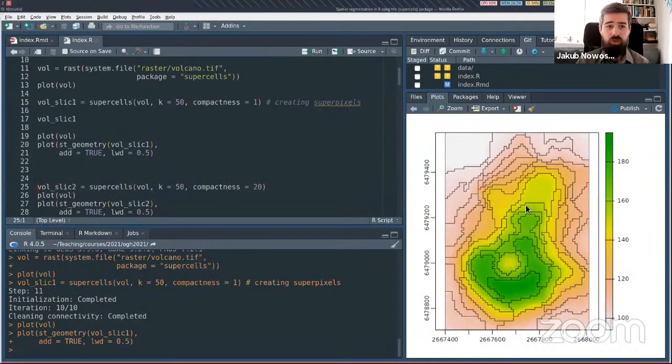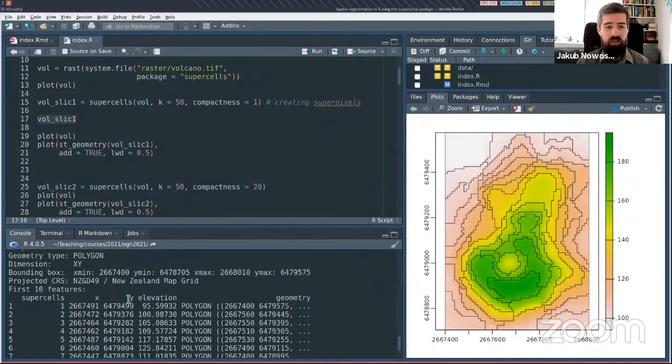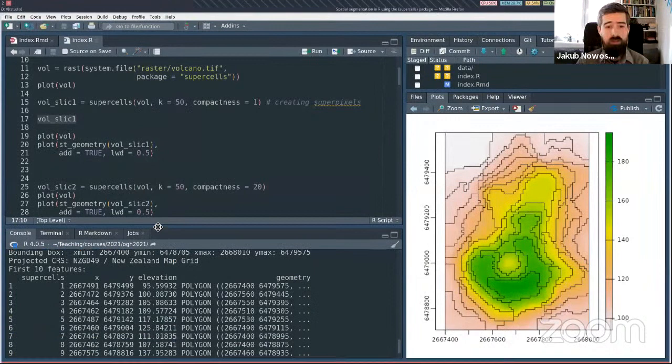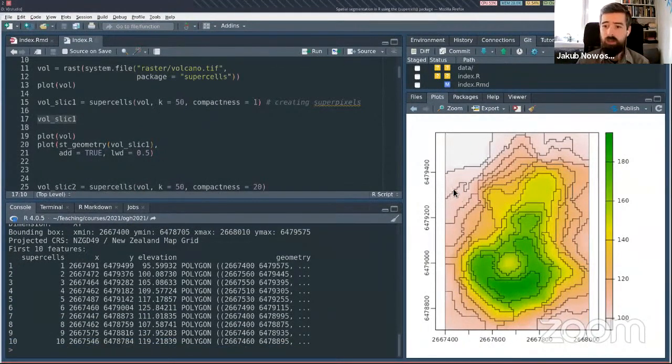If you open the file, it's basically an SF object with 49 superpixels. We wanted 50, but 49 is because we did some merging at the end, and we also needed to put them regularly before.